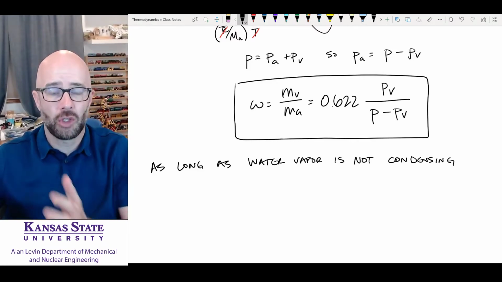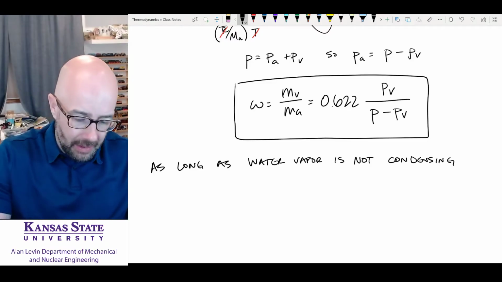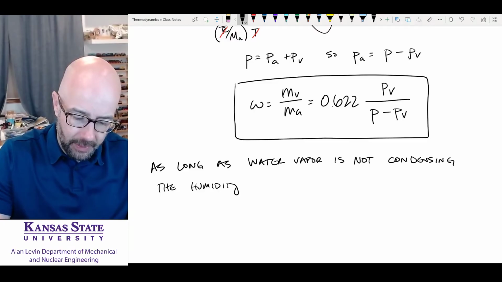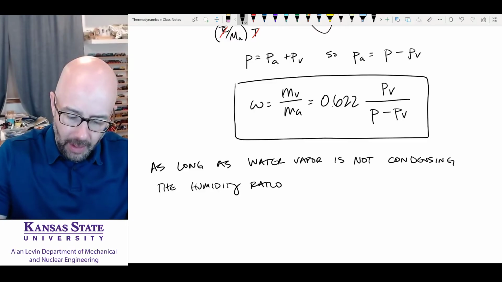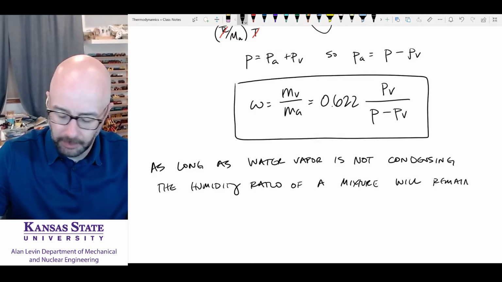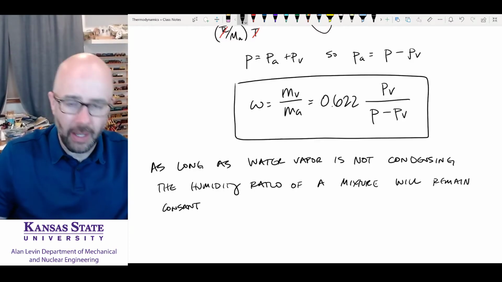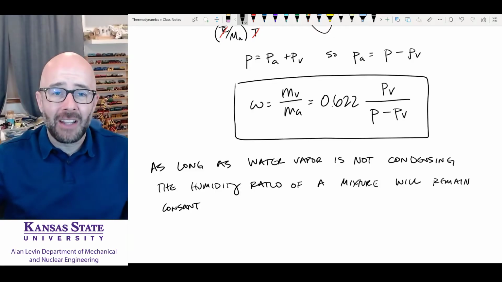Condensing means it's turning from a vapor to a liquid. The humidity ratio of a mixture will remain constant. Okay, that's not exactly true.